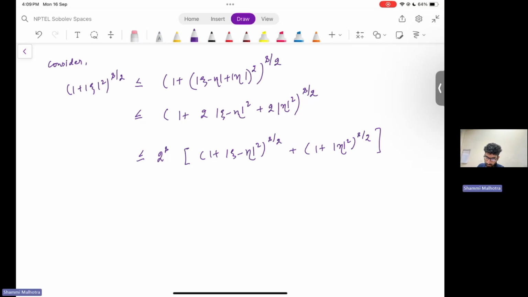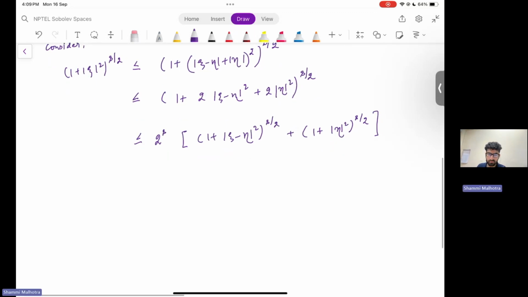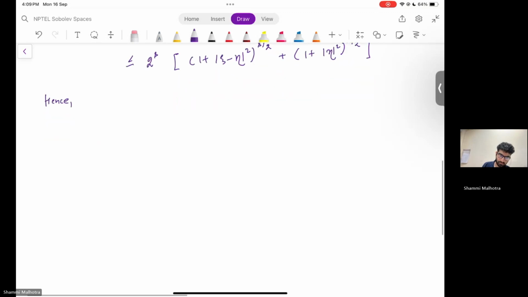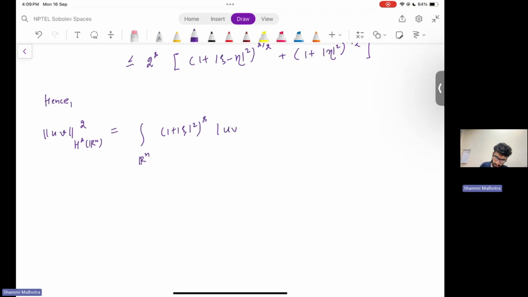We can prove this, and then finally we consider the H^s norm of uv squared, which is nothing but the integral over Rn of (1 plus mod xi square) to the power s times mod of uv hat at xi squared d xi.